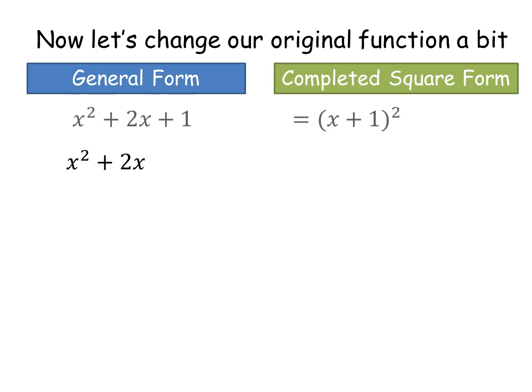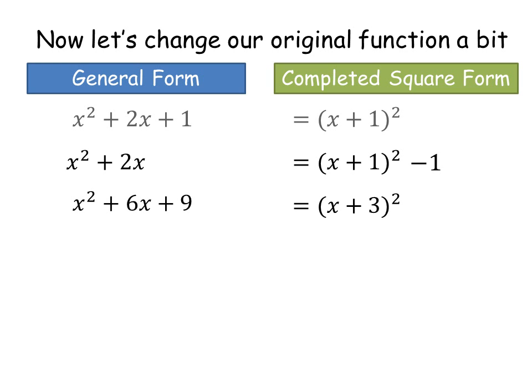Well, all I did was subtract 1 from this side of the equation. And that's easy to deal with. I know that whatever I do on one side of the equation, I must do on the other side of the equation to maintain equality. So that has to be true. It has to be true that x squared plus 2x is equal to x plus 1 all squared minus 1.